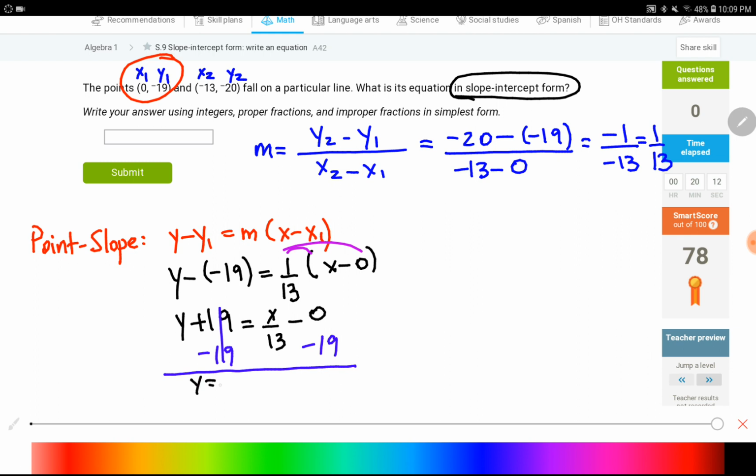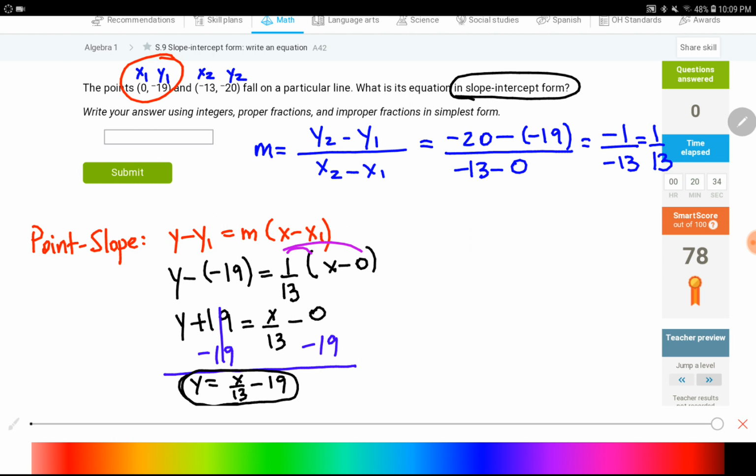Okay, y equals x over 13 minus 19, because 0 minus 19 is negative 19. So that right here would be my final answer for this question: y equals x over 13 minus 19.